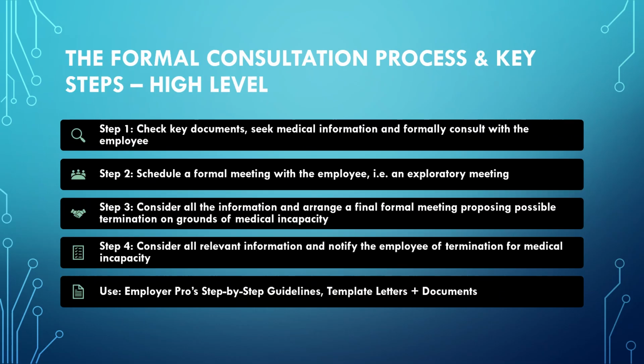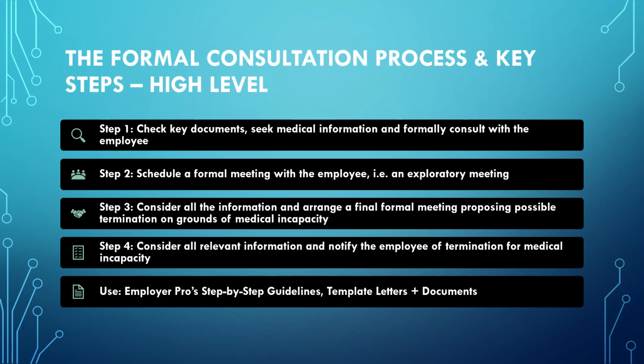In terms of a very high-level overview of what's involved by way of the formal consultation process and key steps when managing a medical disengagement process or medical incapacity process, the first step is generally checking key documents, so the employment agreement, workplace policies, these sorts of things, and then consulting with the employee with a view to seeking medical information formally from them and their doctor, by way of, like I said, the recovery timeframes, the prognosis, these sorts of things.